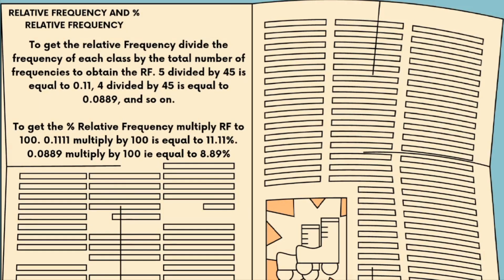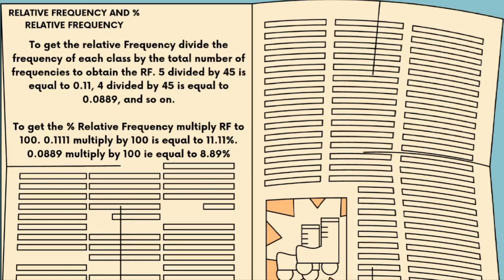Relative frequency and percent relative frequency. To get the relative frequency, divide the frequency of each class by the total number of frequencies. 5 divided by 45 is equal to 0.111. 4 divided by 45 is equal to 0.0889, and so on.